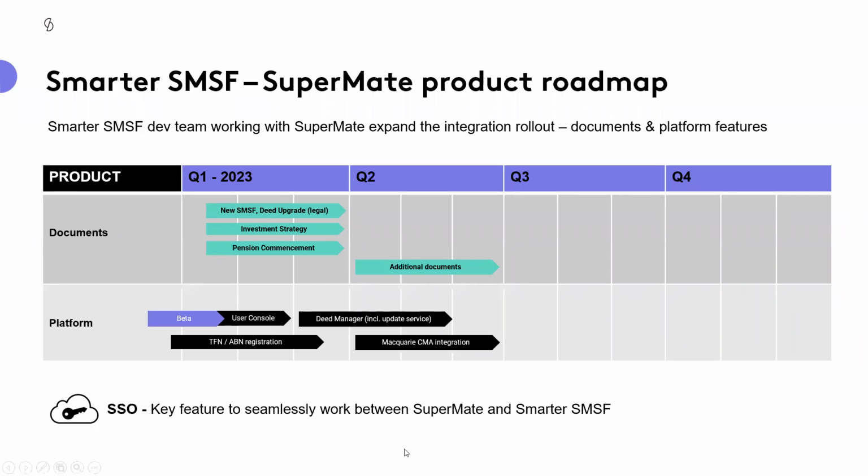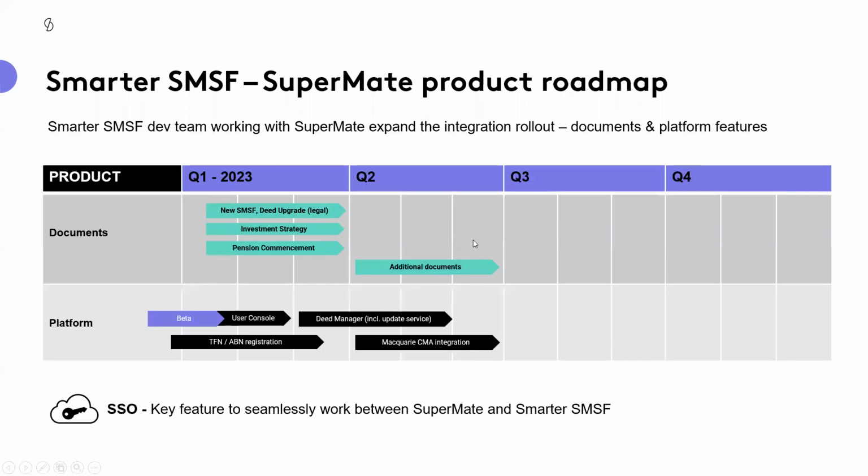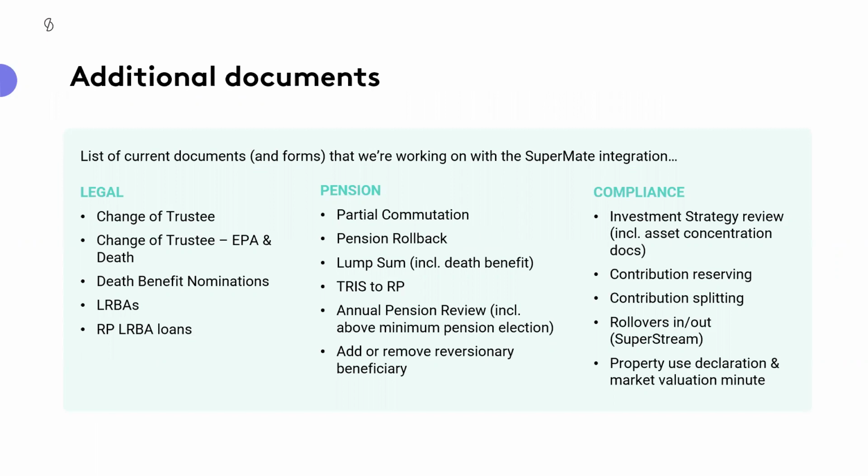The one thing I will touch on, first from a document point of view, these just give you a little bit of an indication as to what we're going to be adding over the course of the next quarter. So I had in here Q2, these additional documents. These are some of the ones that we feel fit into that narrative of the ones that we see get used more than others.